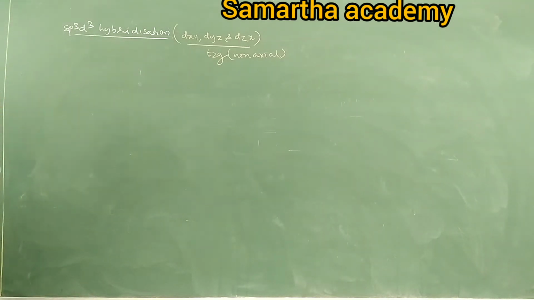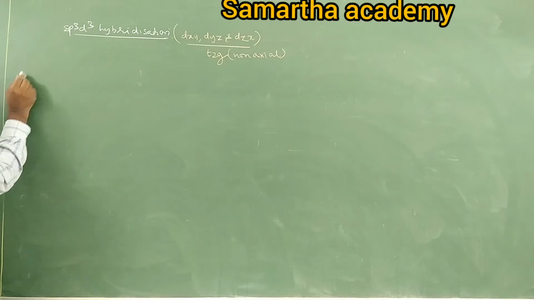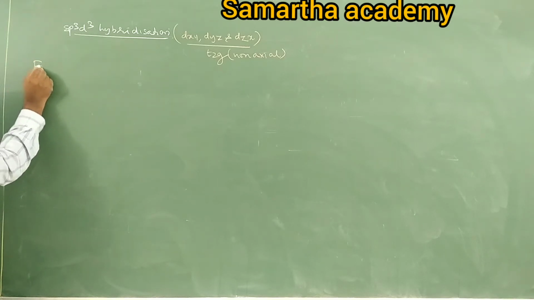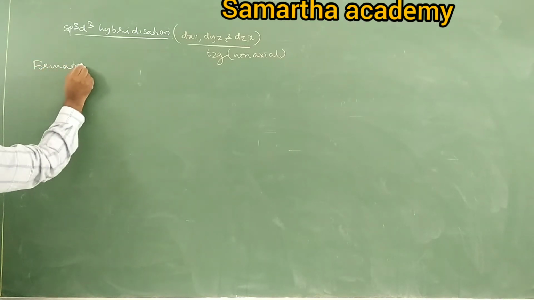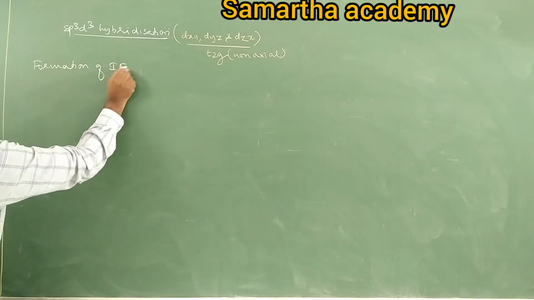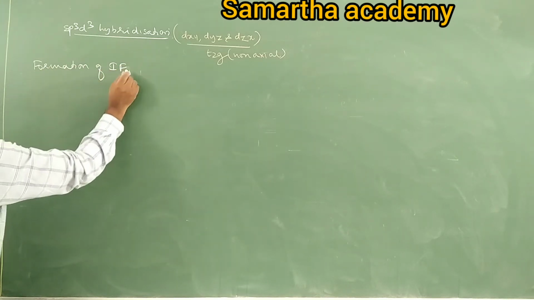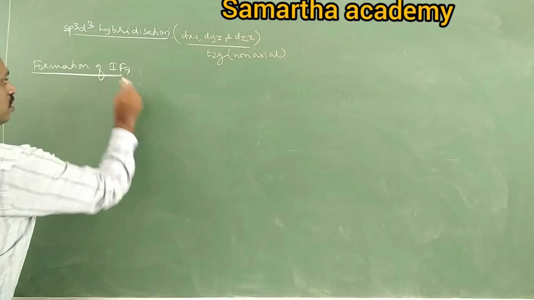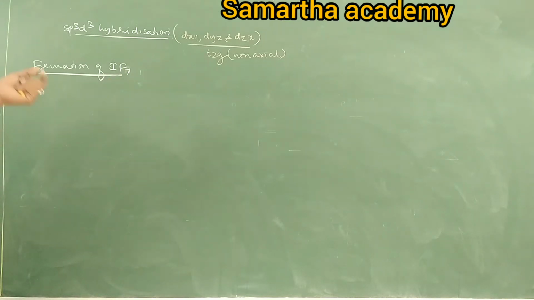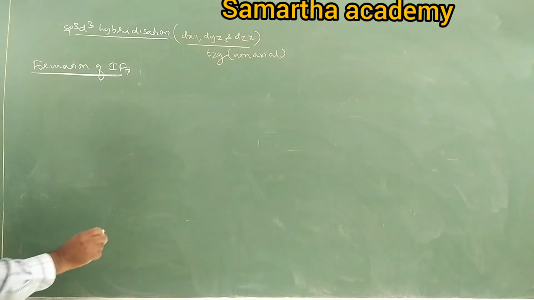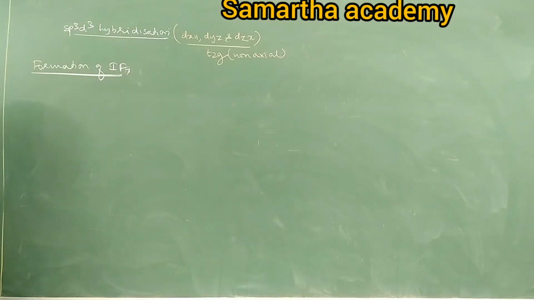Okay, fine. So it is the formation of IF7. IF7 is the best and simplest example for sp3d3 hybridization. In the formation of IF7, what is the central atom?